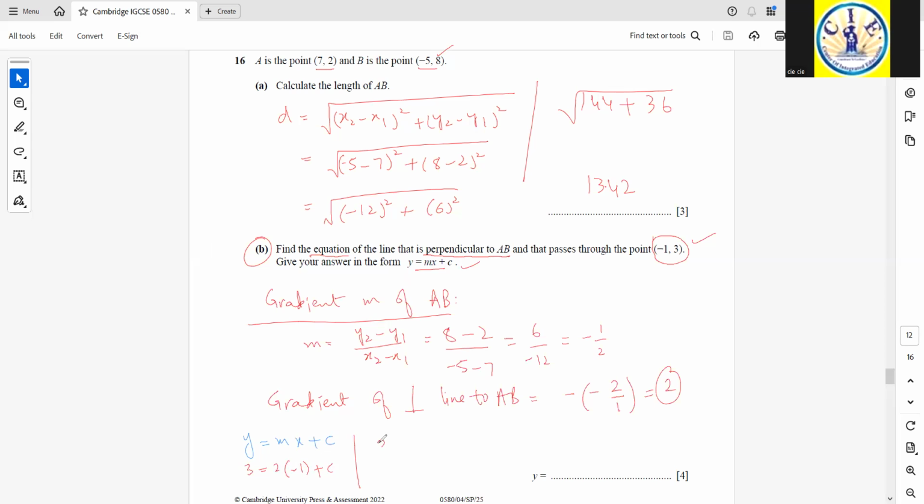So that is 3 plus 2 is equal to c, that is 5, and now replacing all these values, I get y equals to, for m this is 2, for x it is x, and for c that is 5. So this is y is equal to 2x plus 5.